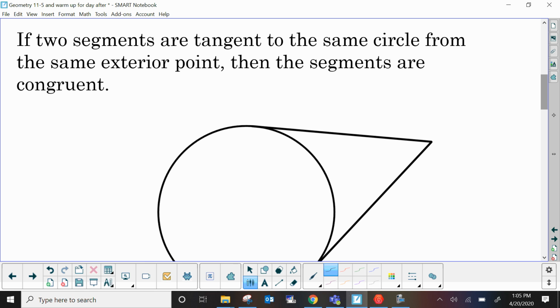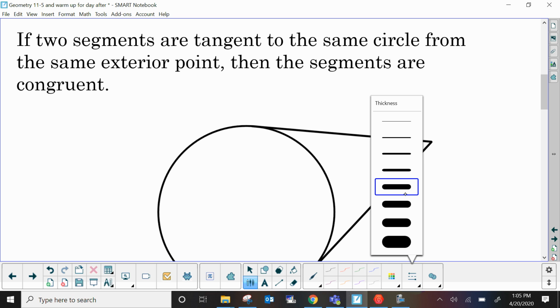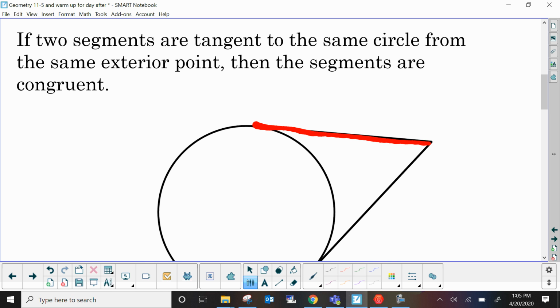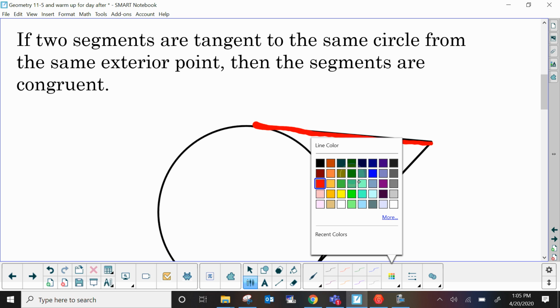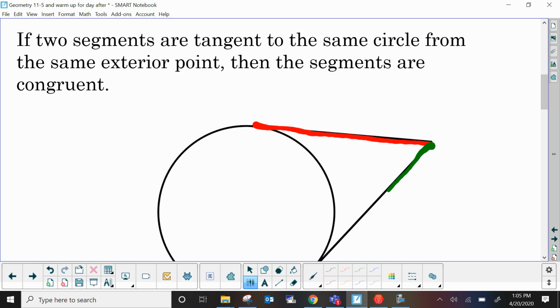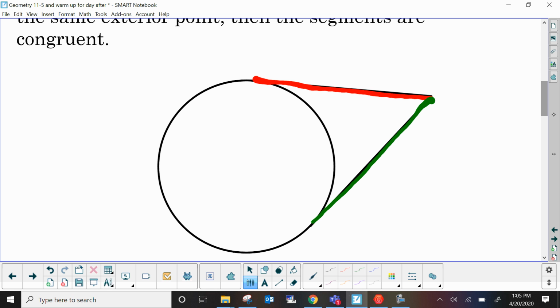So now we have two tangents. We have this tangent and we have this tangent, but they come from the same exterior point. And if they come from the same exterior point, the segments will be congruent, equal in length.